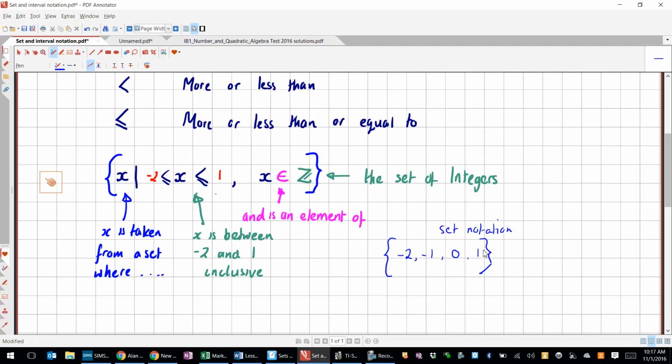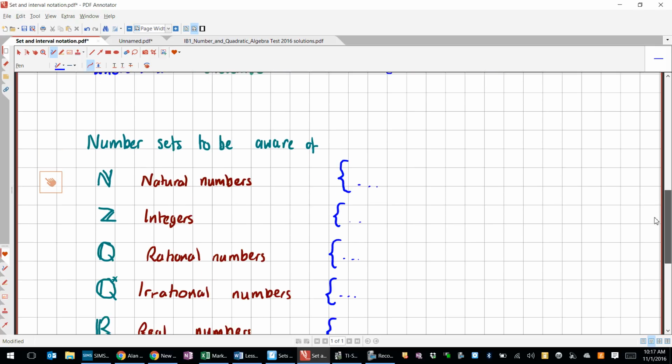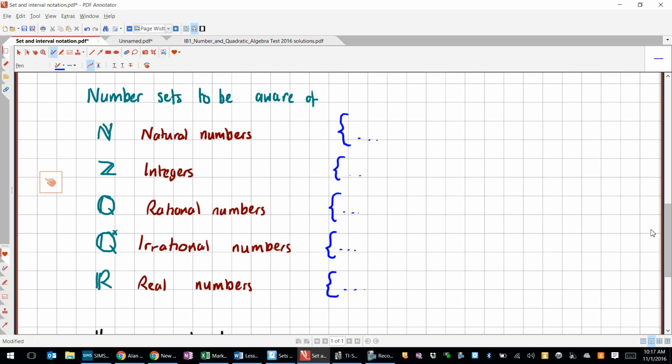Now, let's have a look at different number sets. I've left a space there for you to write some examples. N stands for natural numbers. Any idea what numbers might be natural numbers?